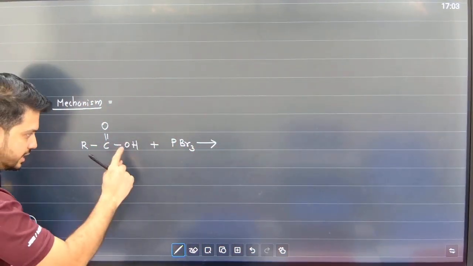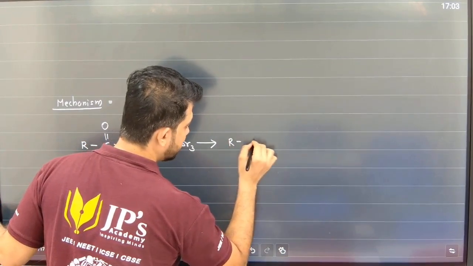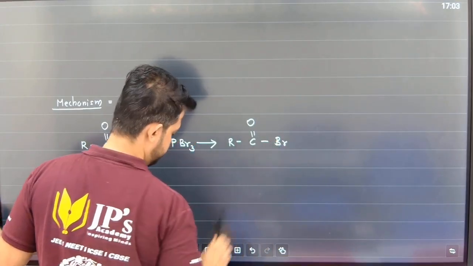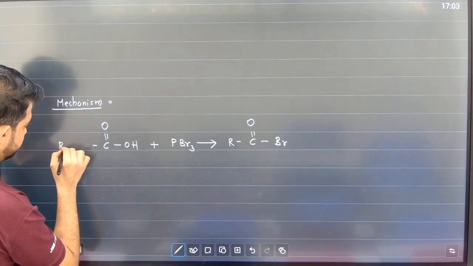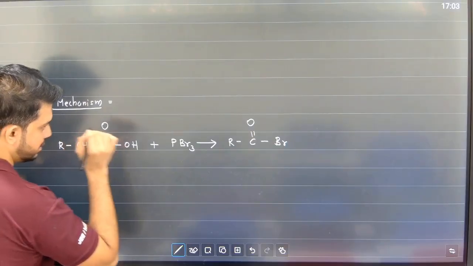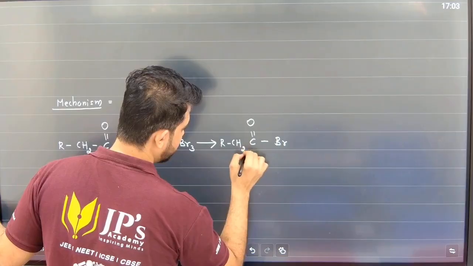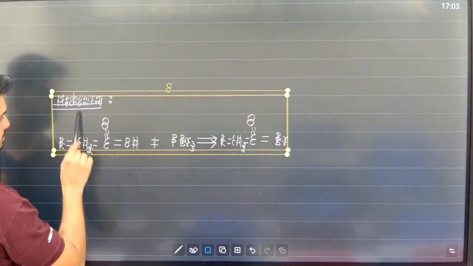This exact reaction is replacement of OH. So in the first step here, OH is replaced by Br. I forgot to put the alpha carbon, pardon me. So OH is replaced by Br in the first step.